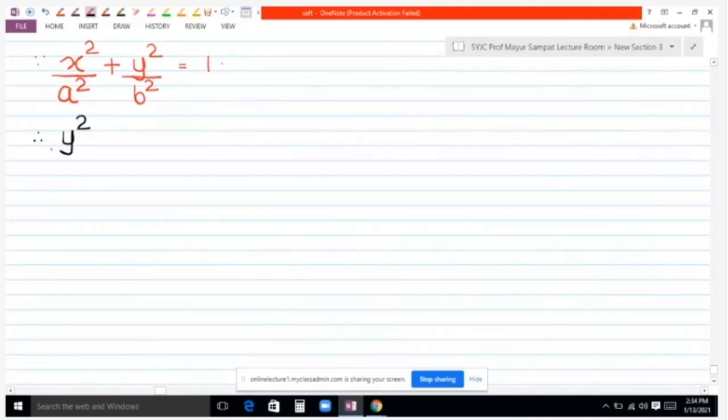Therefore, y square upon b square is equal to 1 minus x square upon a square, okay?